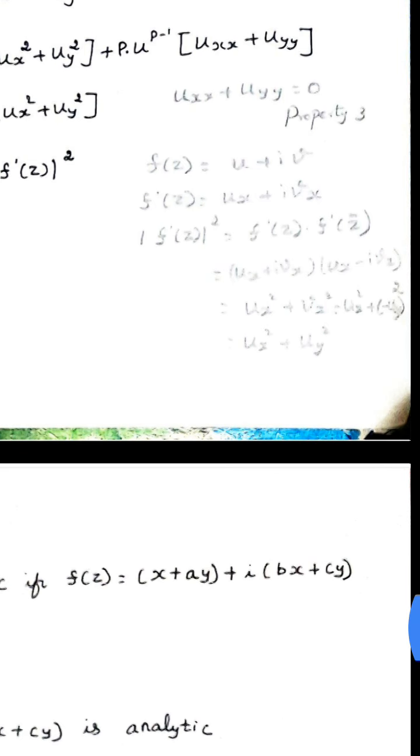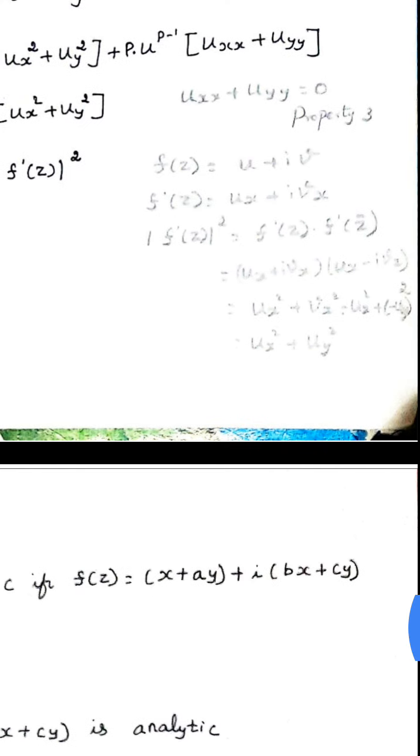A square minus b square. Here a is ux, and b is i vx. If I square the terms, I get i square into vx square. What is the value of i square? Minus 1. So minus into minus becomes plus. So the final answer is ux square plus vx square.